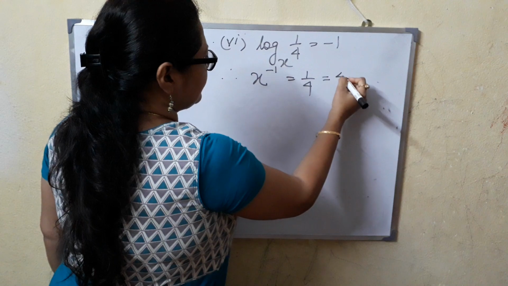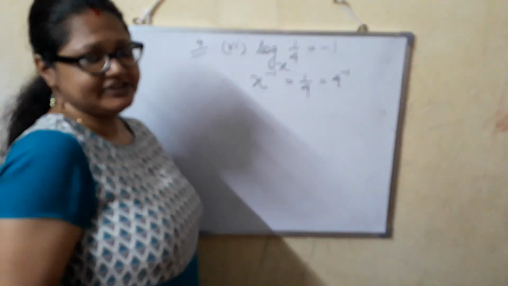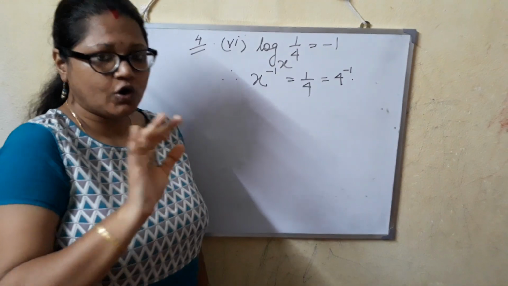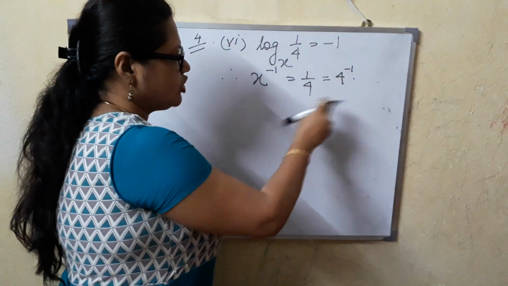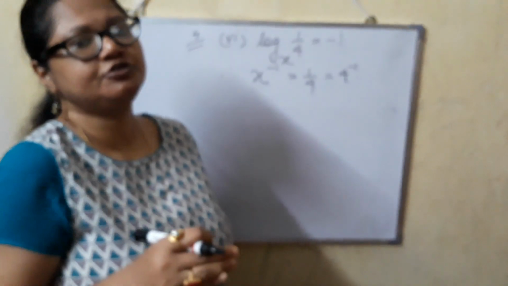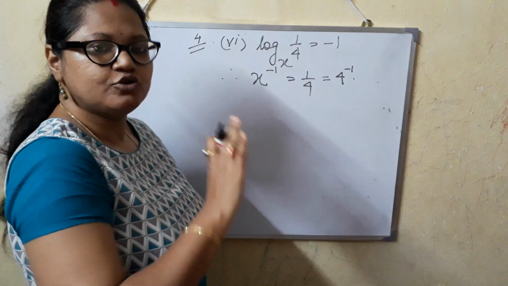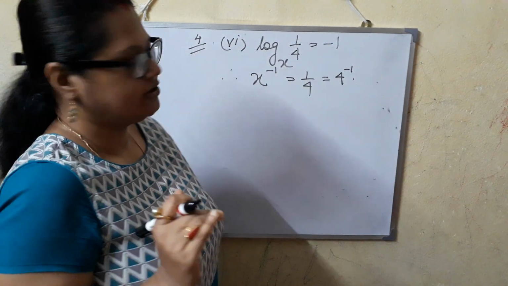Alright? Now, 4 I can write to the power of minus 1. Why? Because 4 is in the reciprocal. All these laws and rules which I am applying, they have already been taught to you when you were taught with indices. Same rules and laws apply here. Okay?